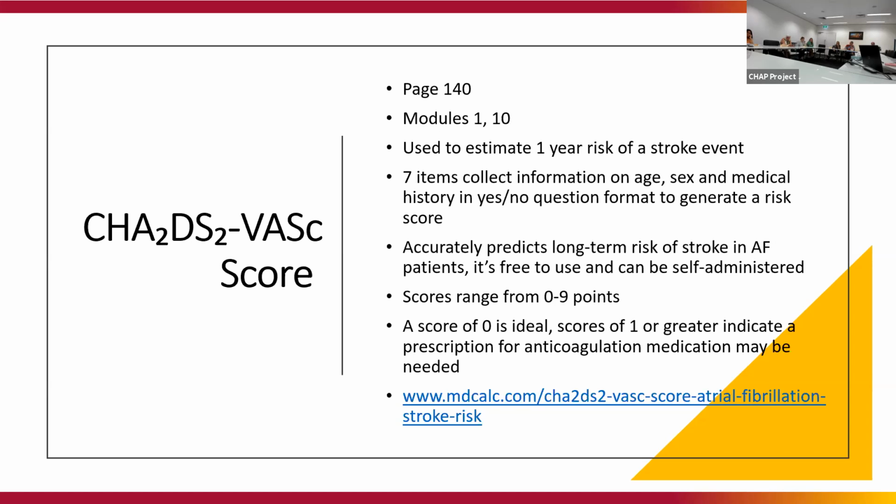So this is very low scoring, but a score of 1 or greater would indicate that perhaps there is a need for a prescription for anticoagulation medication. And so if you had a client who got a score like that, it might be a conversation you want to have about talking to their GP about getting a script.